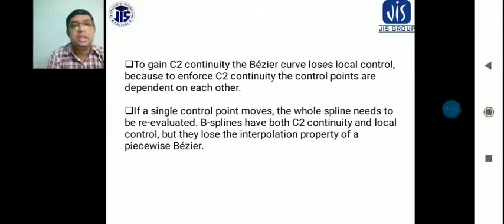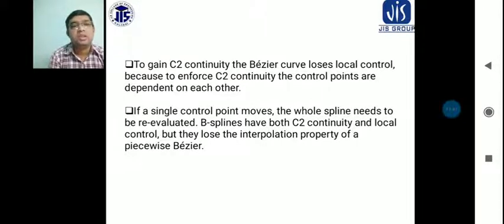If a single control point moves, it requires the whole spline to be re-evaluated. B splines have both C2 continuity and local control, but they lose the interpolation property of the piecewise Bezier.